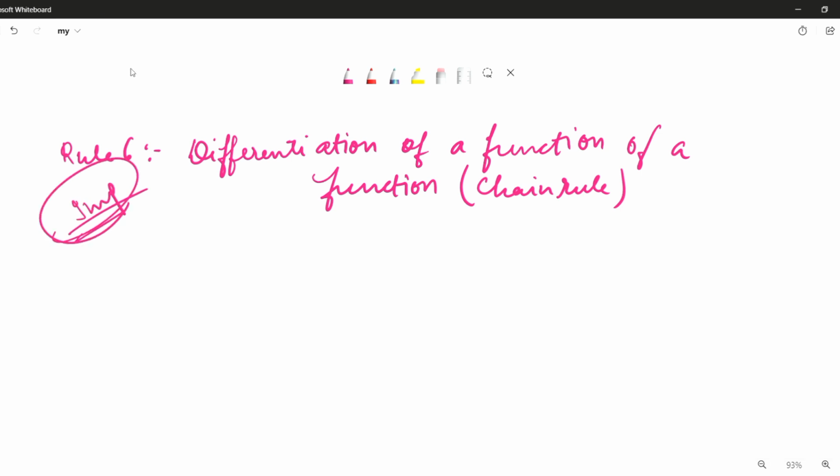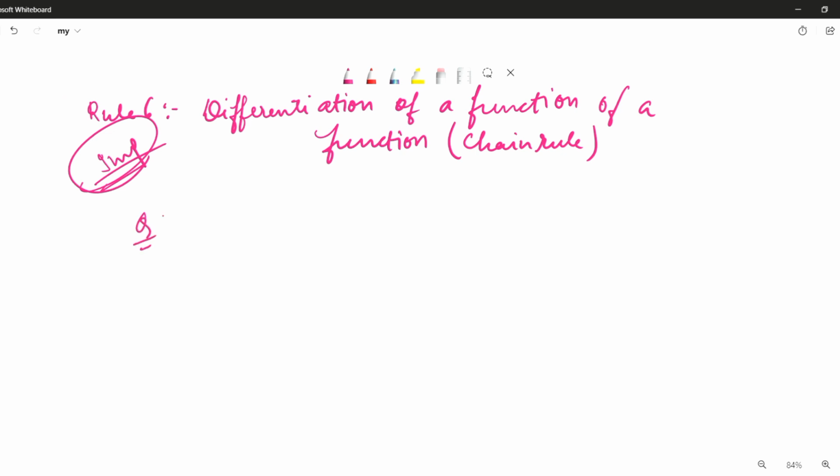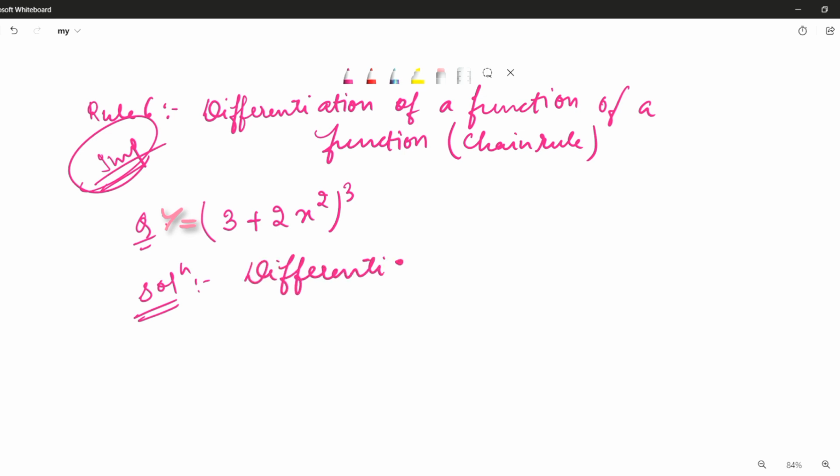Okay, so let's see with the help of an example. y equals 3 plus 2x to the power square, whole cube. So now in chain rule, first we take constant the value which is inside the bracket. Okay, and then differentiating the same value afterwards.